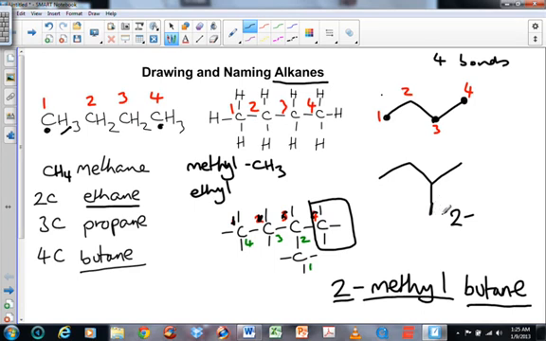Alright? So what that means is the end point of a line, like we said before, represents a CH3. And if you look at this structure, you've got a CH3 here, a CH3 here, and a CH3 here. Meaning, in this structure, there should be 3 CH3s, or 3 end points of the line. And actually there is. There's 1 here, 1 here, and 1 here.